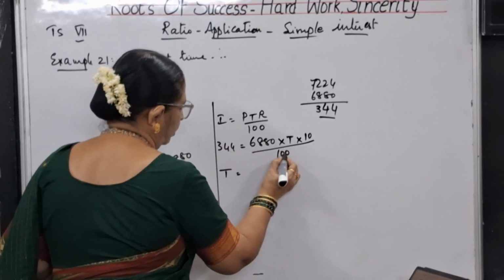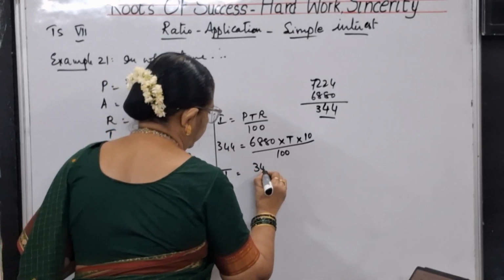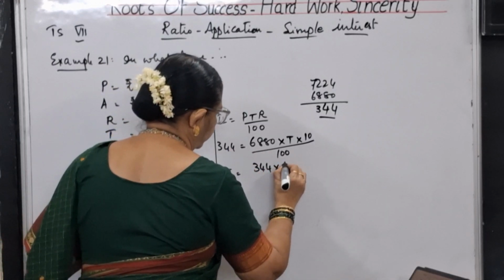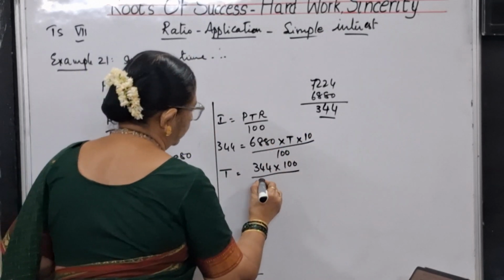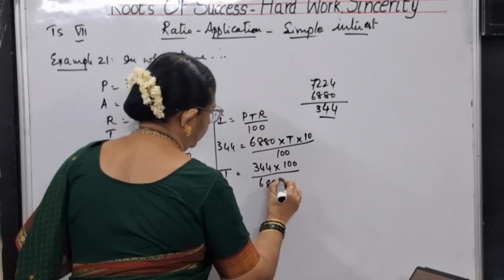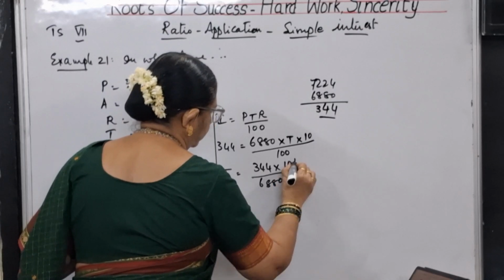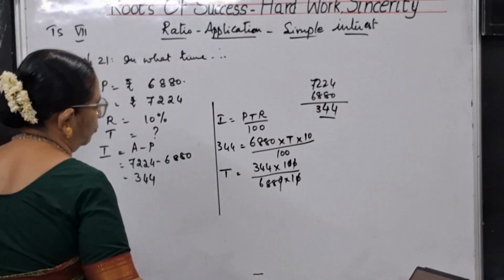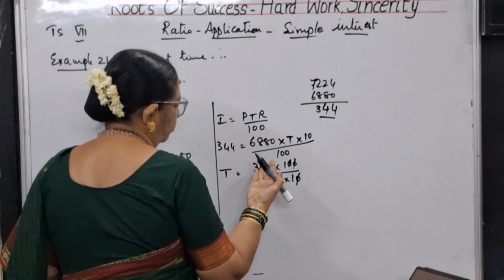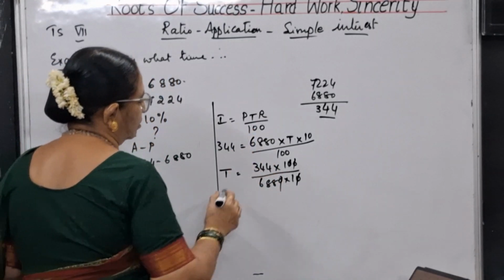T is equal to, these two you have to multiply, 344 into 100 by, this becomes a division, 6880 into 10. These two, this 0 also will get cancelled. See children, 344 directly we are able to see, 2 4s are 8, 2 4s are 8, 2 3s are 6.